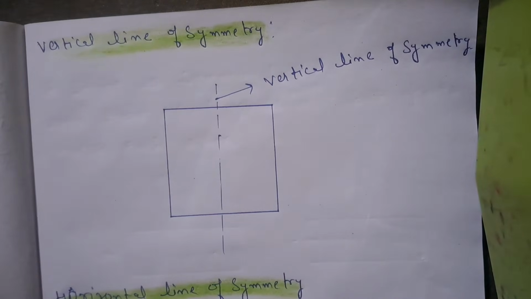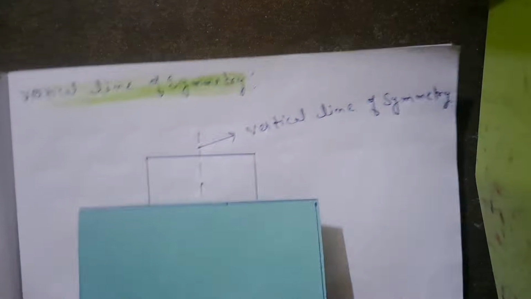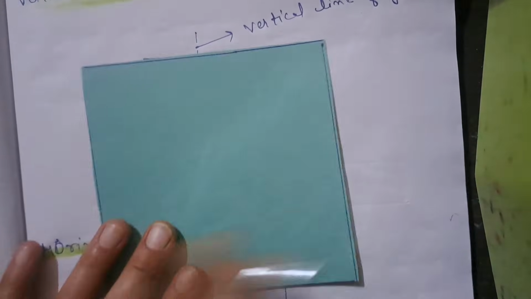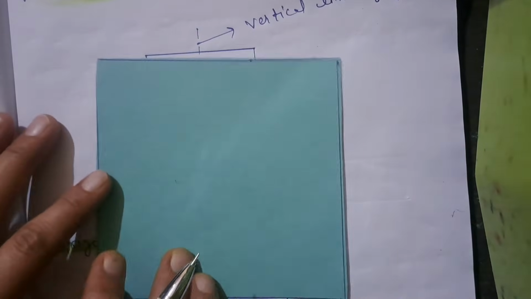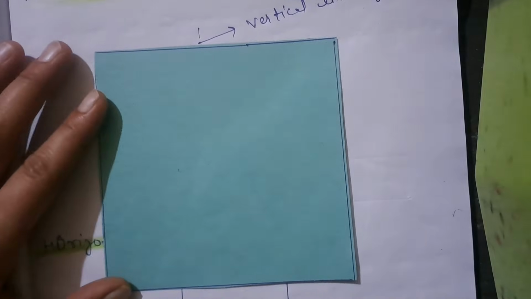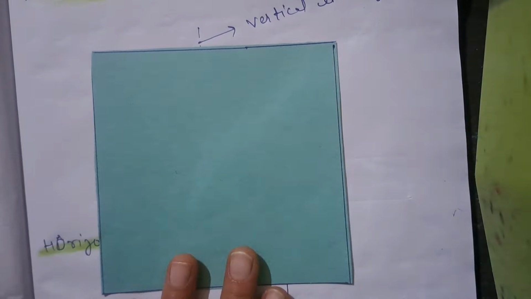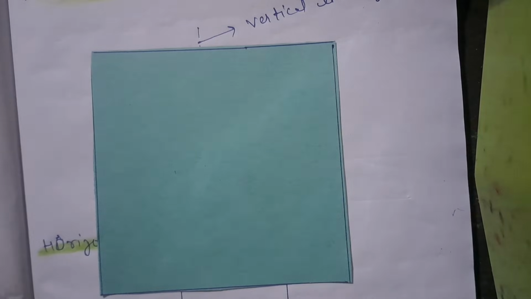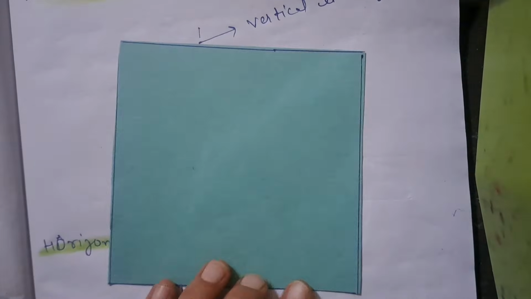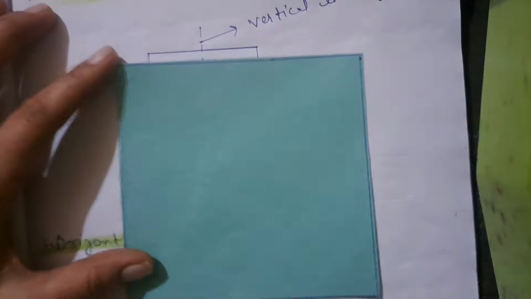So let's understand it with the help of a practical example. So this is a paper sheet which is in square shape. Now let's find, is it a symmetrical shape or not?